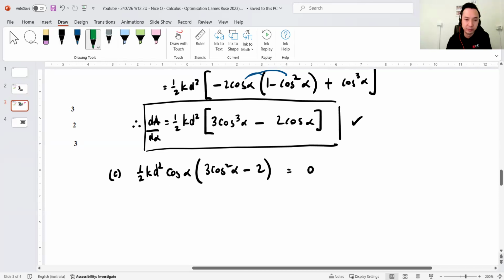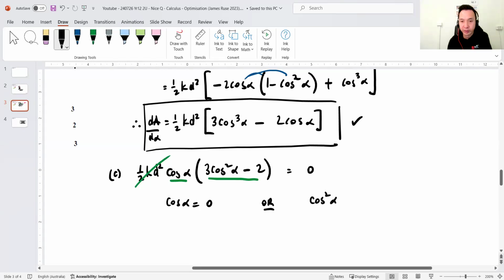Now, for all intents and purposes, the constant goes away. So I get 2 lots of solutions. I've got cos alpha equals 0, or cos squared alpha equals 2/3. So cos alpha equals plus or minus root 2/3.